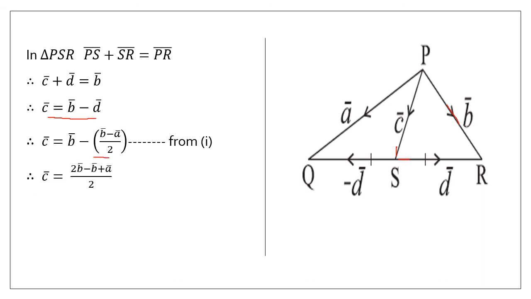So we get C bar as B bar minus B bar minus A bar upon 2, which is B bar plus A bar upon 2. So student, we are expressing C bar and D bar in terms of A bar and B bar: C bar equals B bar plus A bar upon 2 and D bar equals B bar minus A bar upon 2. Such type of examples are asked for 3 marks.